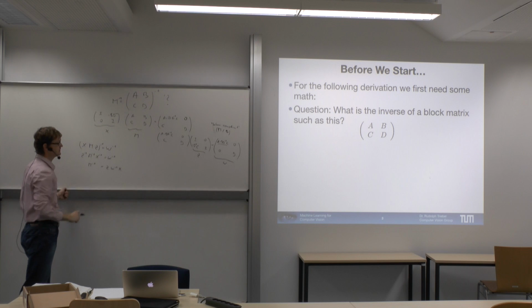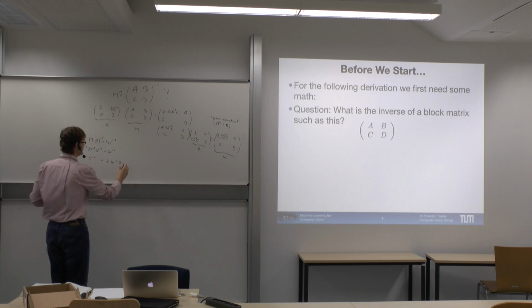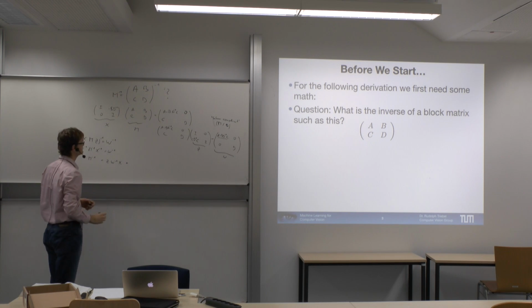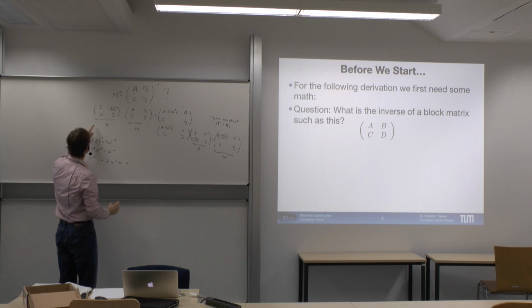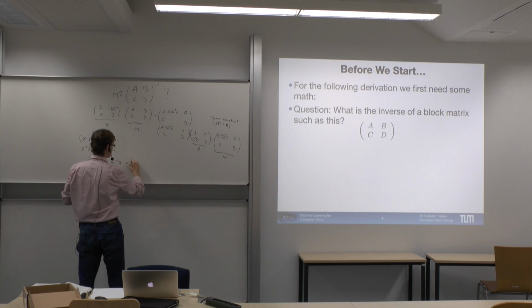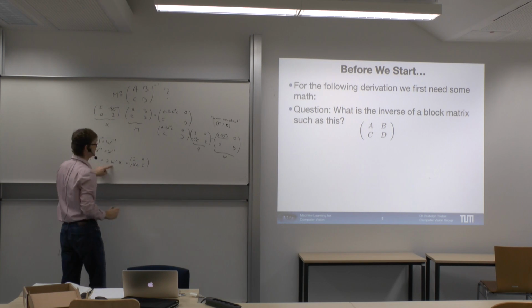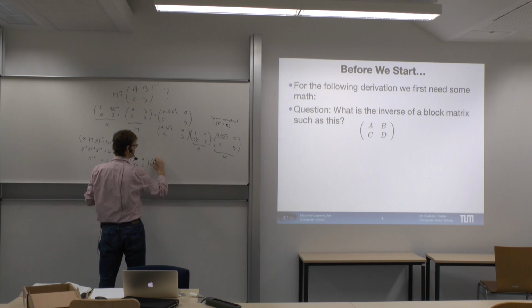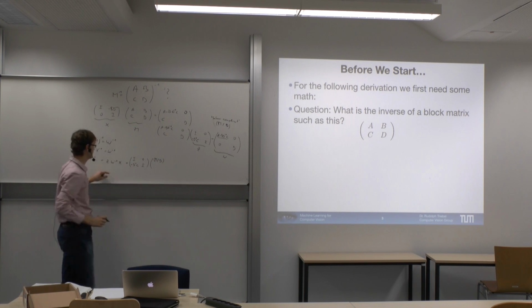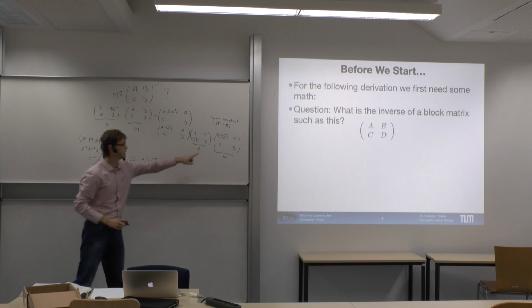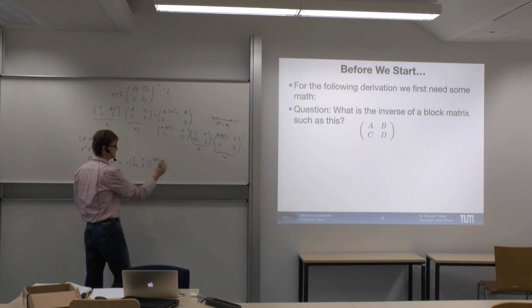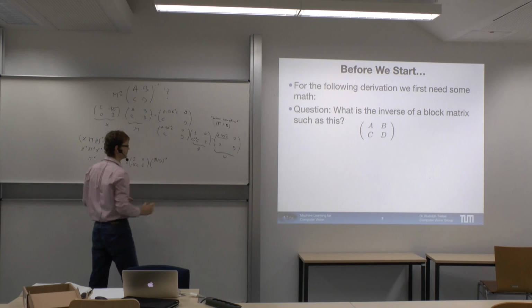Now we simply plug in what we have. This is the same as Z, which is our triangular matrix, I, 0, minus D to the minus 1 C, I, times our diagonal matrix, which is the Schur complement. Of course, now we have to invert W, and inverting a diagonal matrix is no problem at all, because we just invert every diagonal entry.